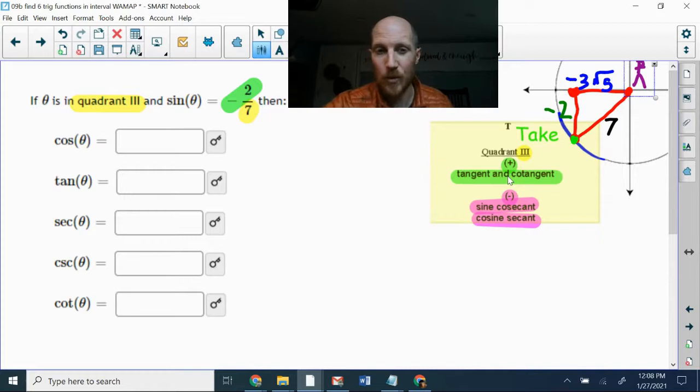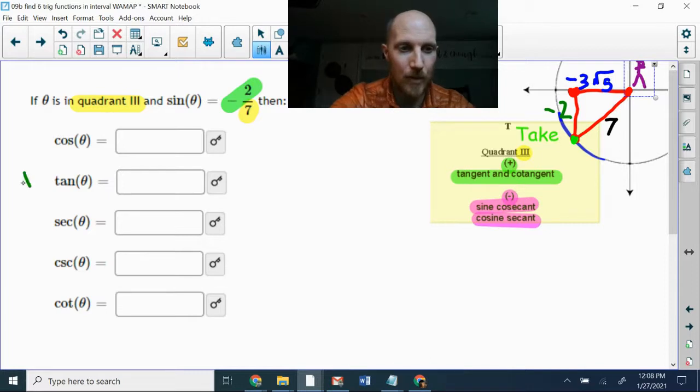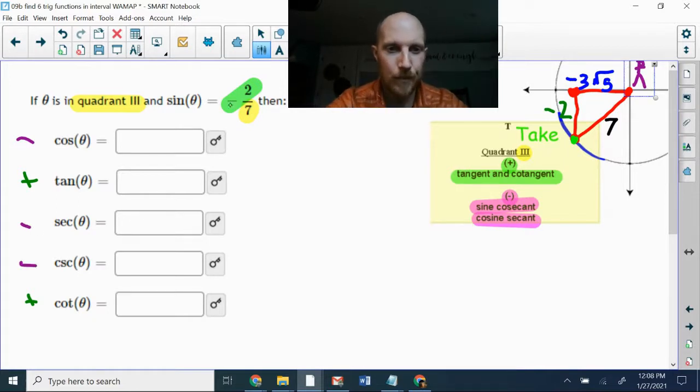So I'm going to make some notes for myself ahead of time to make sure that I end up with the correct trig ratios being positive and the correct ones being negative. Tangent and cotangent both should be positive in the end. So I'm going to make a little note to myself so that when I get there, I double check that it's worked out right. And then sine, cosecant, cosine, and secant should all be negative.